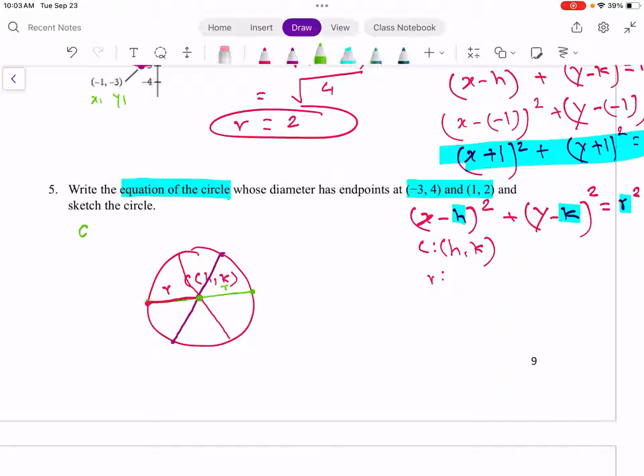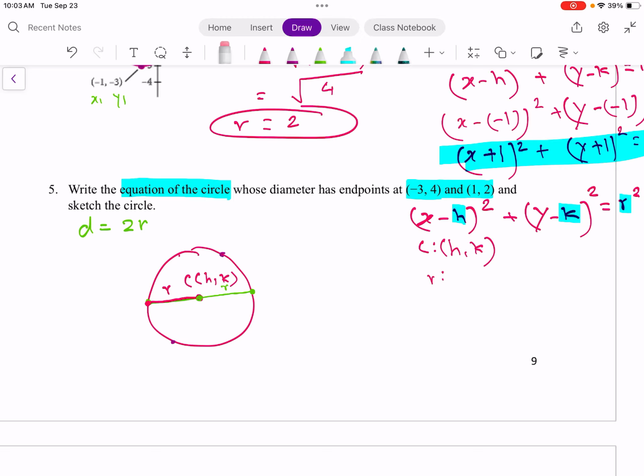So our diameter is 2 times the radius. If you multiply the radius by 2, we get the length of the diameter. Now we are given the endpoints of the diameter. We don't need all of these diameters, so let me take one diameter.